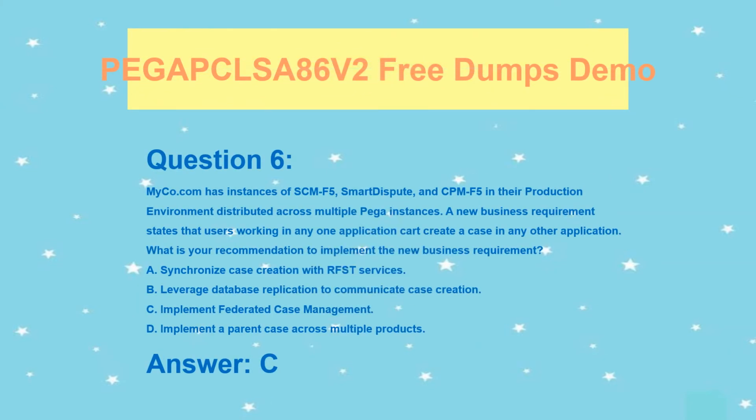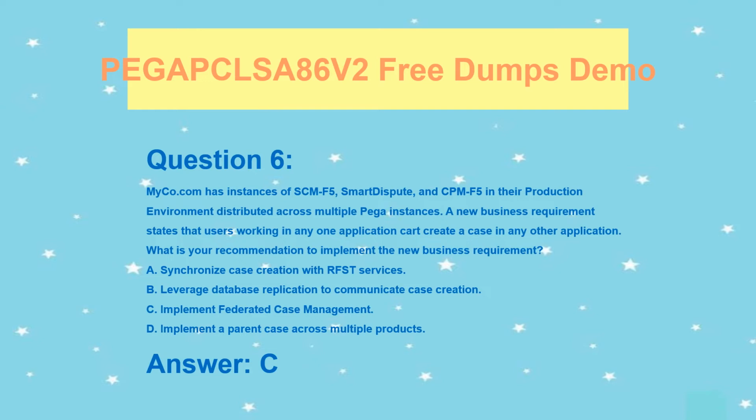Question 6. MyCo.com has instances of SCMF5, Smart Dispute, and CPMF5 in their production environment distributed across multiple Pega instances. A new business requirement states that users working in any one application can create a case in any other application.